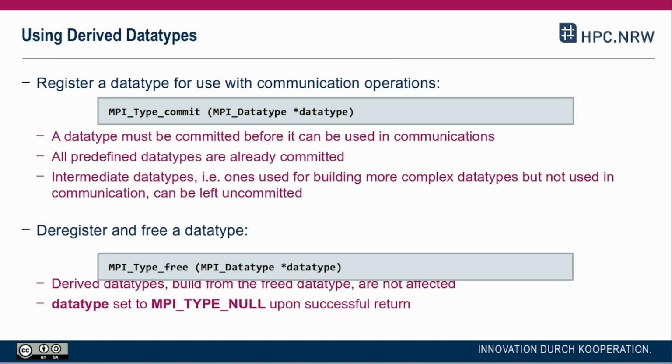So make it a little bit more known to the MPI that you actually want to use this in an actual communication, because these data type handles can have complex internal structures to describe the memory layout. And that description might be too complex to handle efficiently when you want to transfer something.